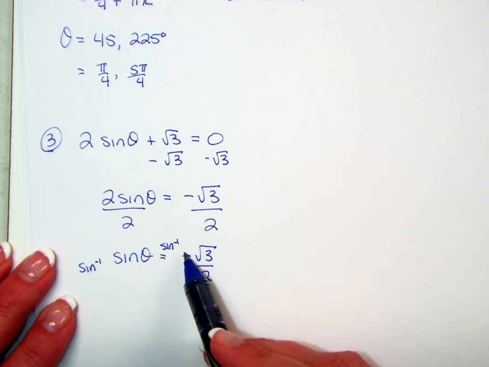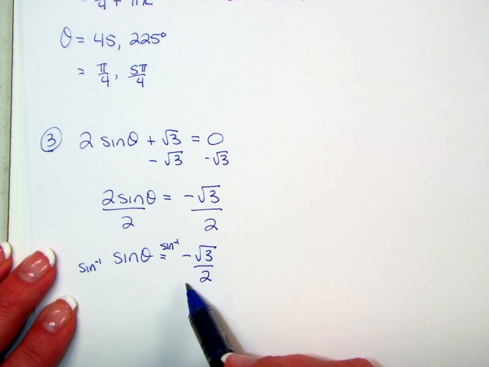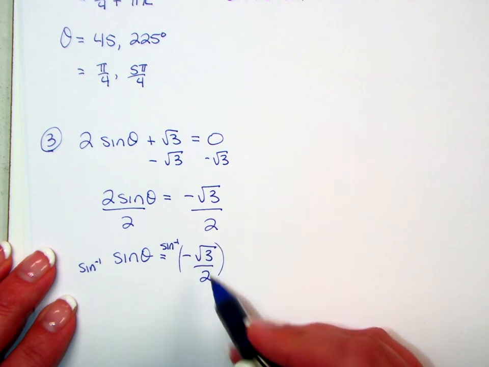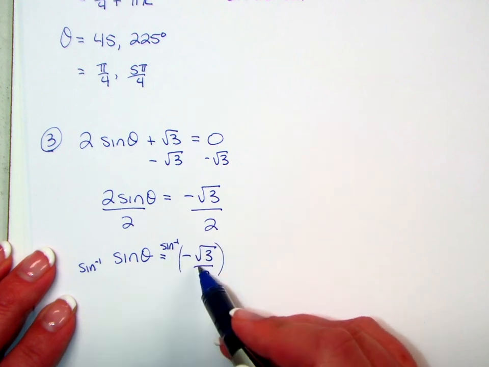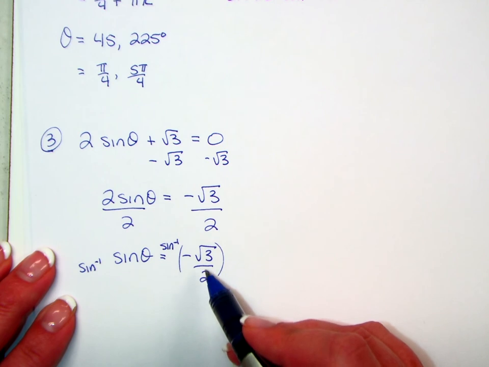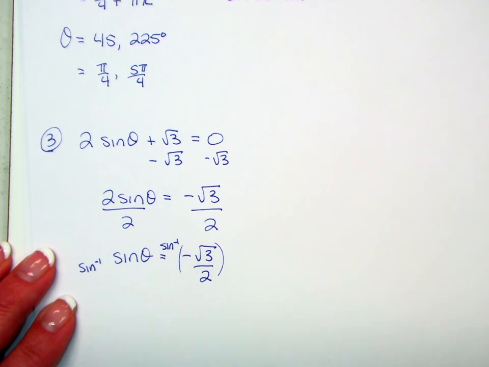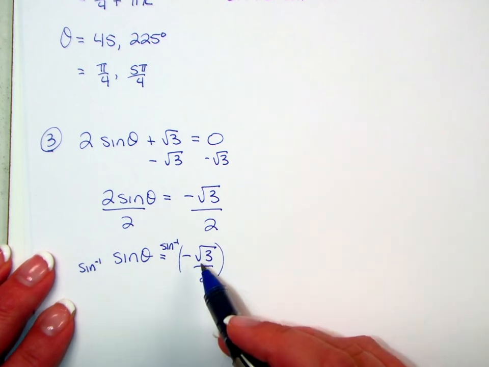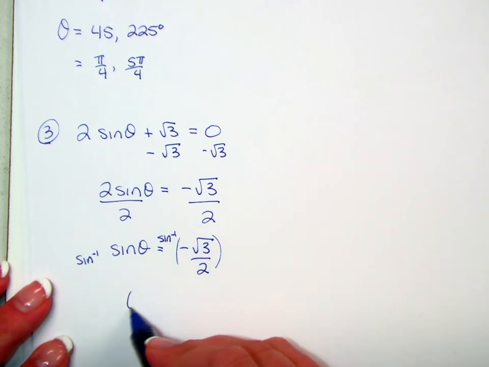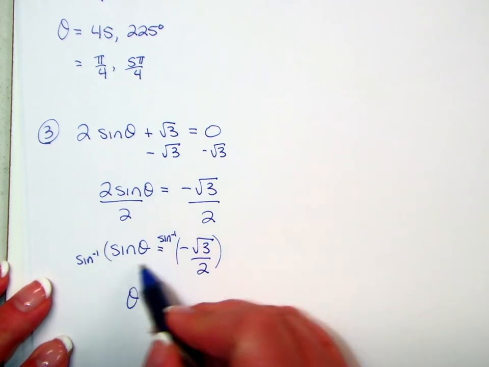So when I sine inverse negative rad 3 over 2, the calculator is going to give me an answer in quadrant 4. Remember, sine inverse was restricted to quadrant 1 and quadrant 4, and it's actually going to write it as a negative angle. So when we do our fundamental solutions, we're going to have to be really careful here. But let me go ahead and solve for theta here.